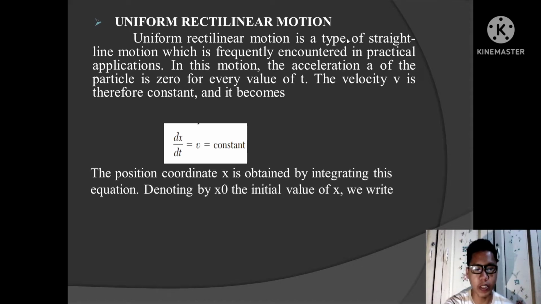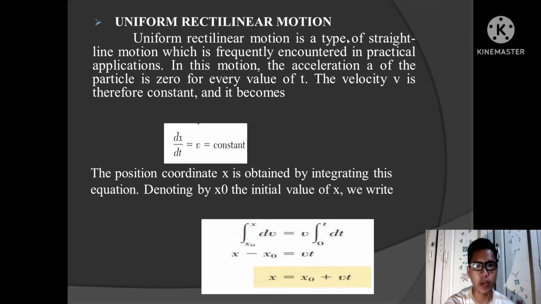So the position coordinate x is obtained by integrating this equation. Denoting by x sub o the initial value of x, we write the integral of x from x sub o, which is delta x, equals v integral of t from 0. Which is what I said earlier, the acceleration of the particle is 0.